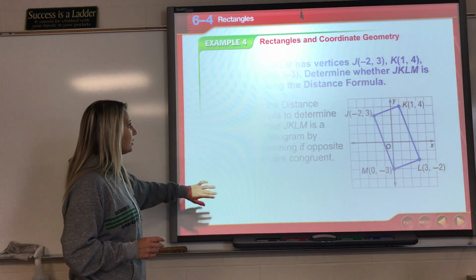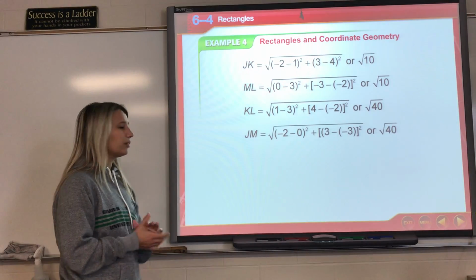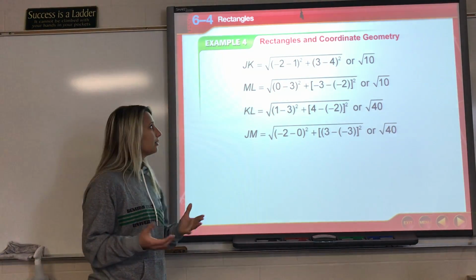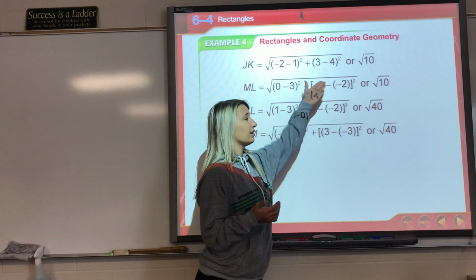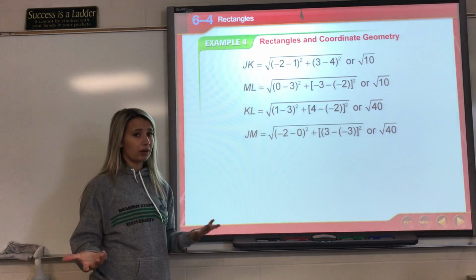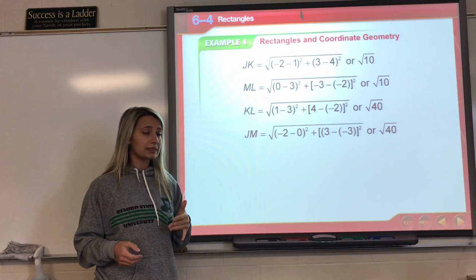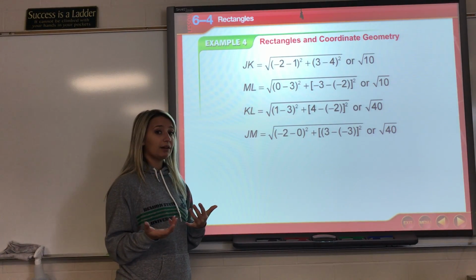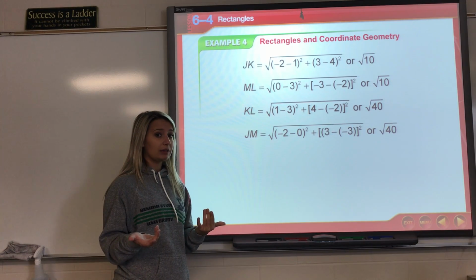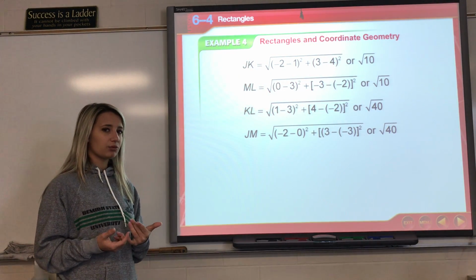On the next page, we're finding all these side lengths, okay? JK and ML, those are opposite sides, and they both have a length of √10, so they're congruent. Okay, KL and JM are also opposite sides, and we get √40 for their length. So now we know that the opposite sides are congruent, so it must be a parallelogram. Okay, but we still have to prove that it's a rectangle.